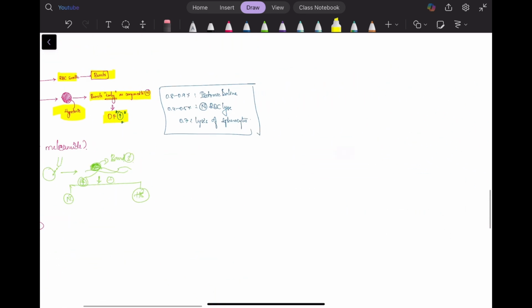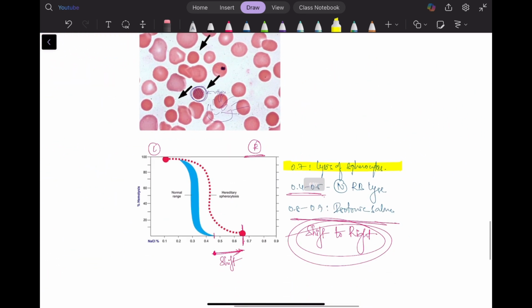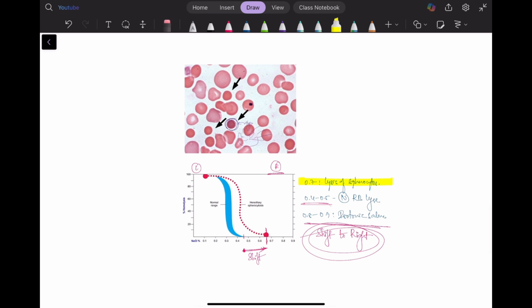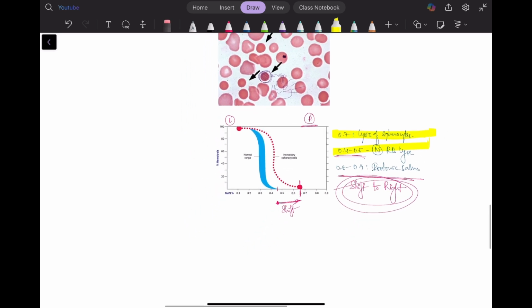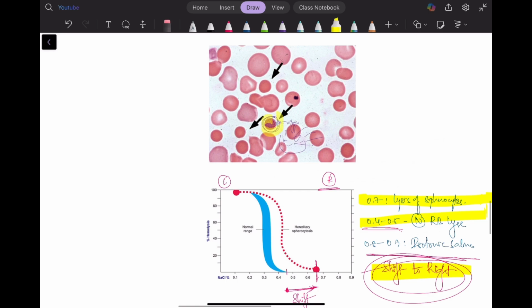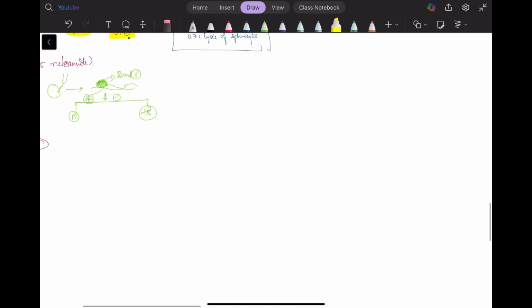Then we have two images related to hereditary spherocytosis. In this we have the graph of osmotic fragility. At 0.7 lysis of spherocytes happens, at 0.4 to 0.5 normal RBC lysis happens. So this is a shift to right.